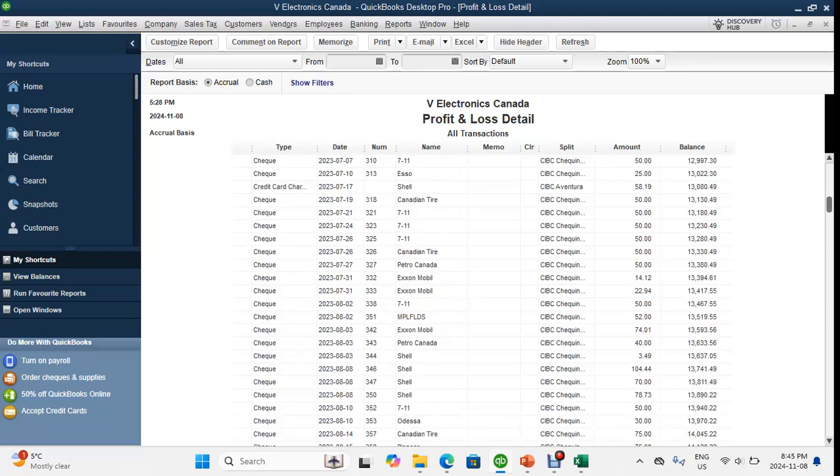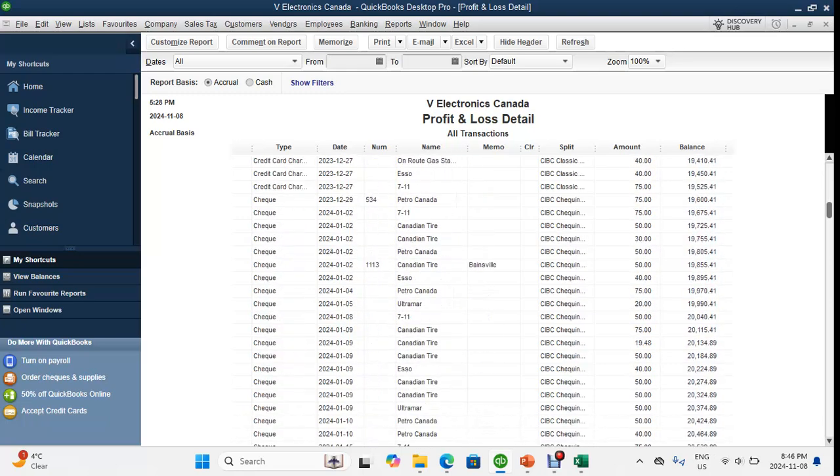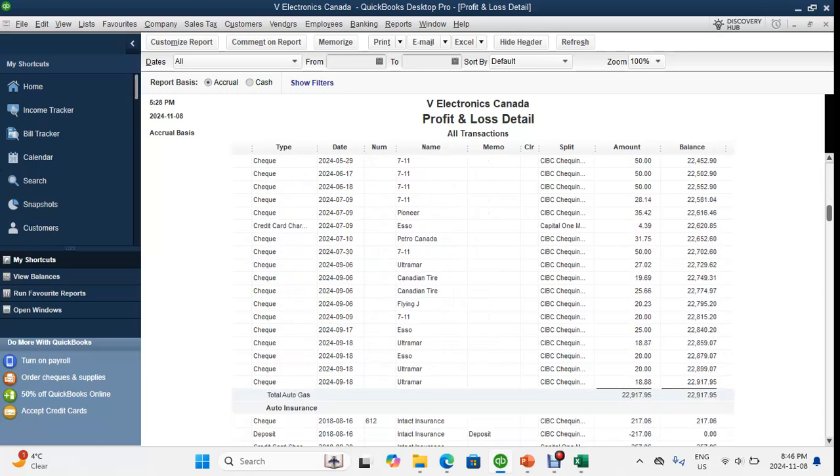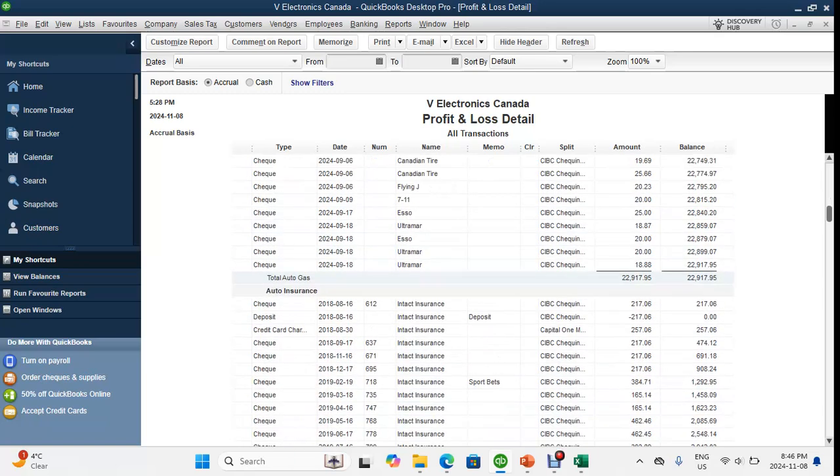You can also use this report. You can also use some of the other reports that QuickBooks offers to figure out your HST. This is the same HST that you declare on your business return, as well as your income tax return on your T2125. So total gas expenditure, let's say this is $22,917.95 for a couple of years.